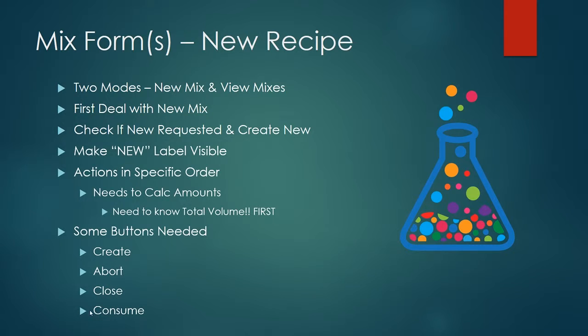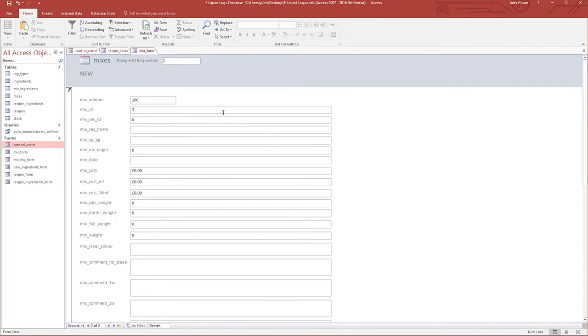And the last button we're going to need is basically to say, yeah, consume. So once we've created our mix and everything's good and we've specified which bottles of ingredient we're going to use, we have a consume button which will then reduce the stock of all of those ingredients. So let's go ahead and make a few buttons.